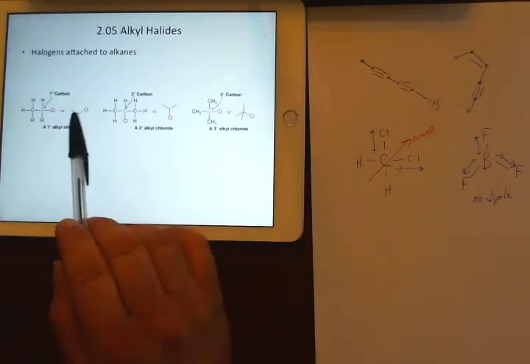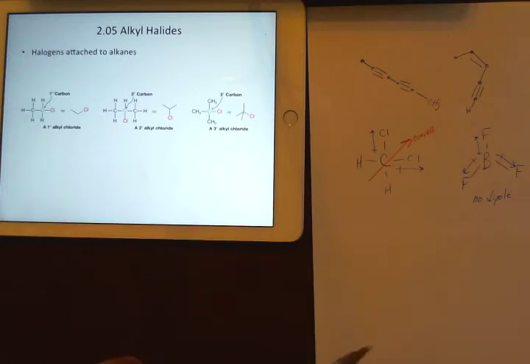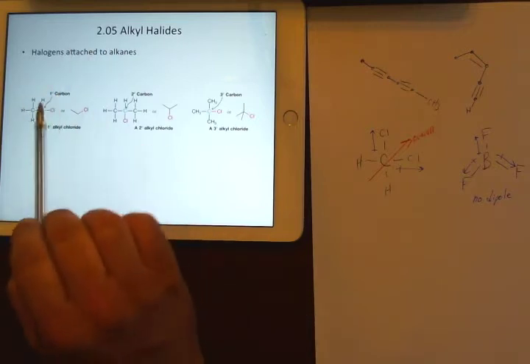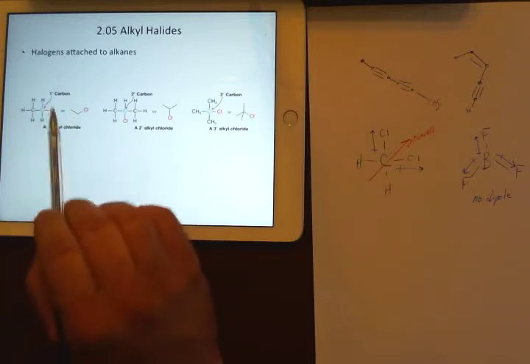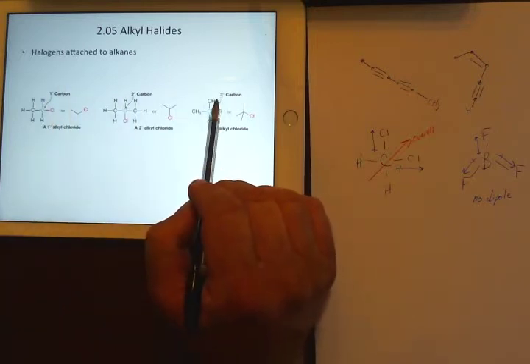So alkyl halides. This is just a regular alkane carbon with a halogen, so this is fluorine, chlorine, bromine, iodine, on that row of the halides next to the noble gases. You'll see this a lot where we talk about primary, secondary, tertiary carbons.